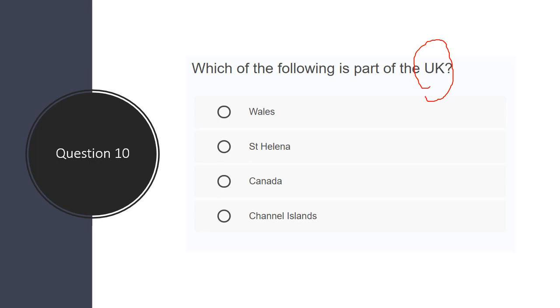So the question is, which of the following is part of the UK? Obviously Canada is not part of the UK, it's a separate country. St. Helena and the Channel Islands are not part of the UK, although they are linked to the UK, which we will discuss later.